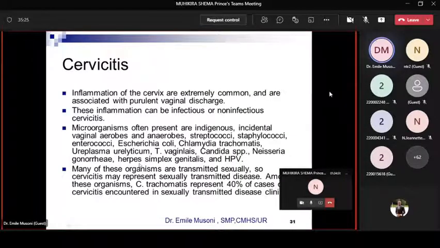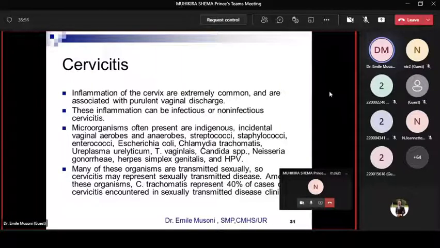Cervicitis, as I say, is caused by some microorganisms: Streptococcus, Staphylococcus, Escherichia coli, Chlamydia trachomatis, Trichomonas, Neisseria gonorrhoeae, herpes, and HPV. These are involved in cervicitis. Cervicitis is painful, and once you suspect cervicitis, you take a small sample on the cervix.